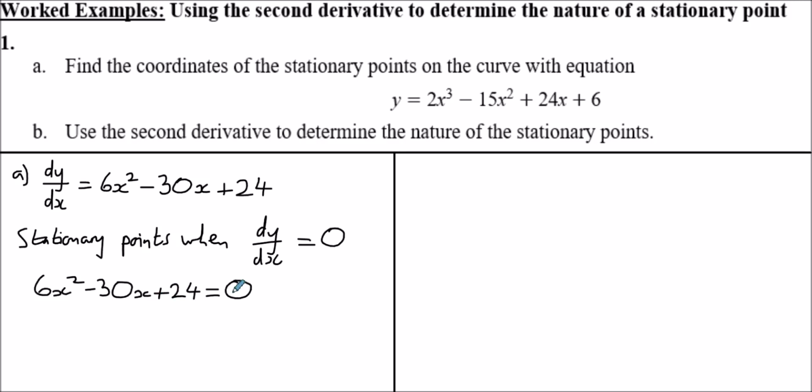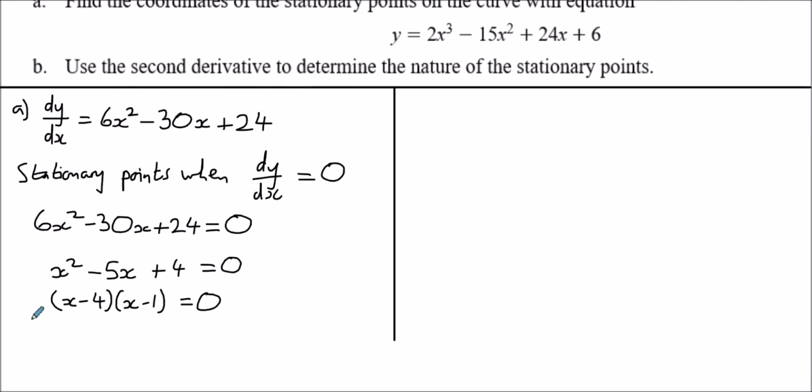So from an understanding point of view, let's solve this. Look at these numbers here, the coefficients of x squared and x and the constant. We can divide through by 6. That gives us x squared minus 5x plus 4 equal to 0. We can then easily factorise this. We'd have x minus 4, x minus 1 equal to 0.